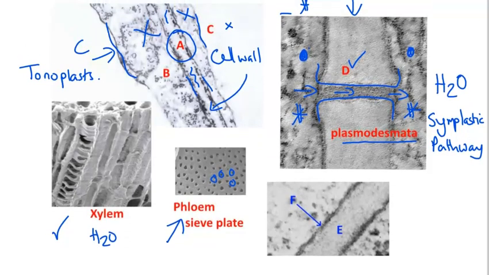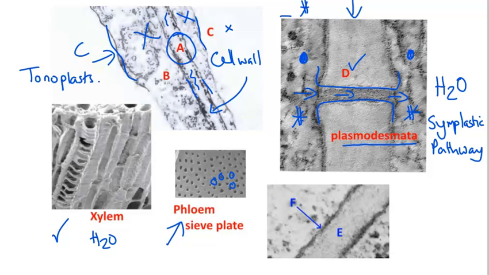Okay, so having looked at this, let's pause the video and identify structure E in the diagram and what is suggested by structure F in this electron micrograph. Stop and pause your video now and work out your answer. And of course, the answer to this is that E is the cellulose cell wall of a plant.